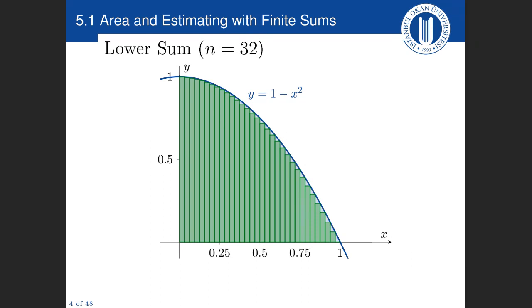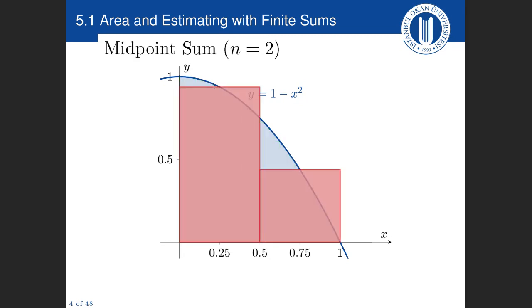Upper sum was choosing rectangles which were outside or including R. Lower sum means choosing the rectangles inside R. And because we have a decreasing function, for an upper sum we were using the left-hand edge of the rectangle to decide its height. For a lower sum, we're using the right-hand edge. Let's suppose we use the middle of the rectangle to decide its height.